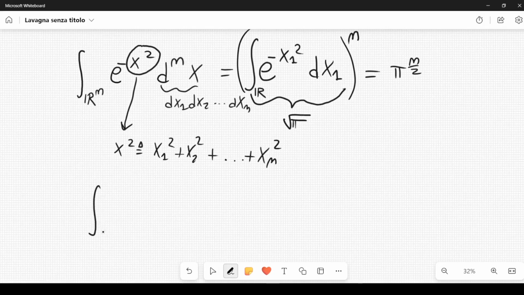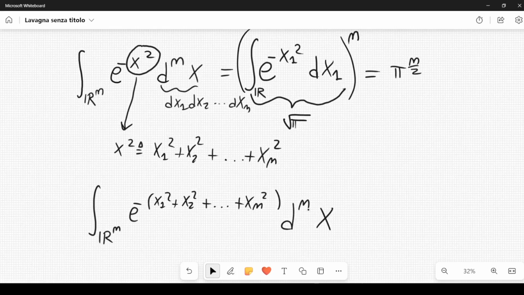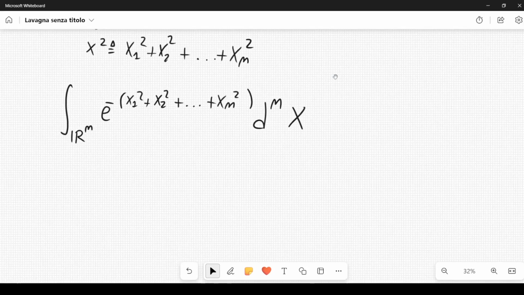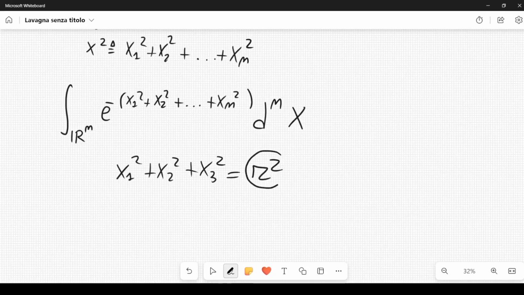We have the integral over R^n of e to the minus, if you want, x1 squared plus x2 squared plus ... xn squared, d^n x. Now, this integral can also be written in another form, in particular if we use spherical coordinates. In 3 dimensions, we have x1 squared plus x2 squared plus x3 squared. If we go to spherical coordinates, we know that this is equal to some r squared, where r is the radius of a sphere.